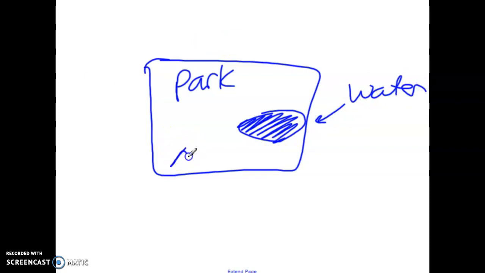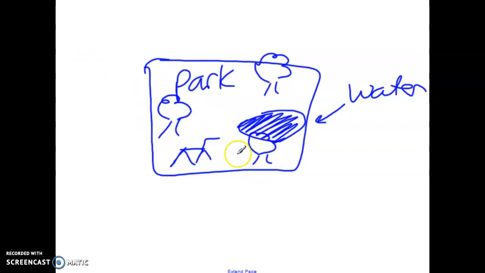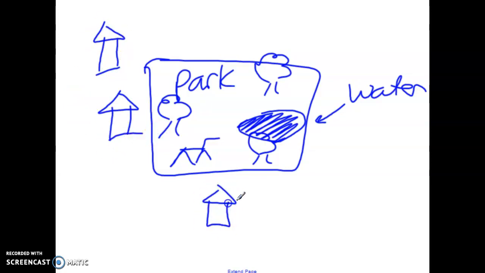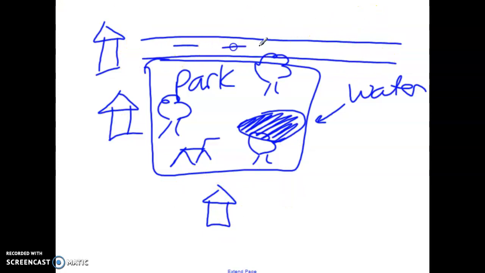I have my deer, right? I have food for my deer. So let's say I have some trees or some shrubs, some things that they eat. And let's say this is in the middle of a subdivision, so there's a bunch of houses and there's roads. And maybe there's a road that's here.